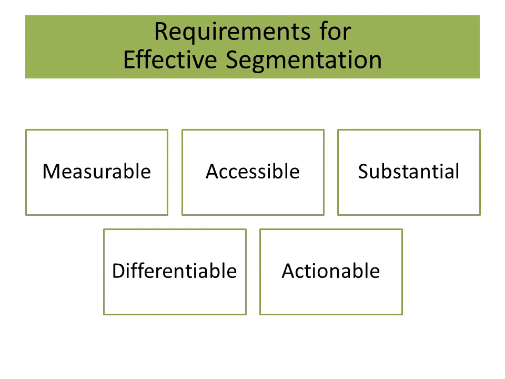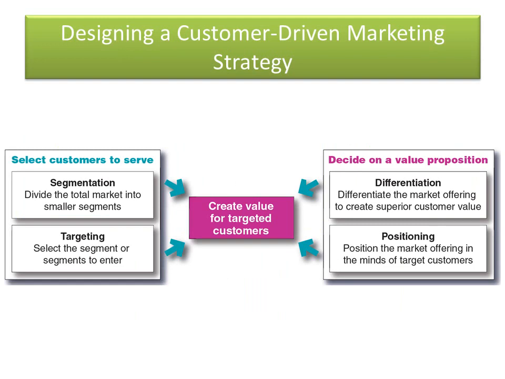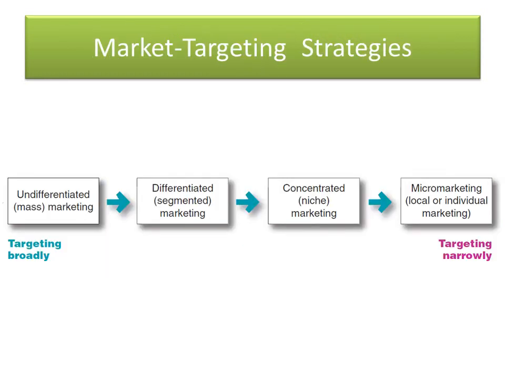Requirements for market segmentation: it has to have all those factors. So we select the customer to serve, we target specific customers and decide on a value proposition. So that's how the marketeers would create targeted valuations. We can sell the same product to everyone, we can try and differentiate, we could look for niche marketing, or we could do micro marketing.